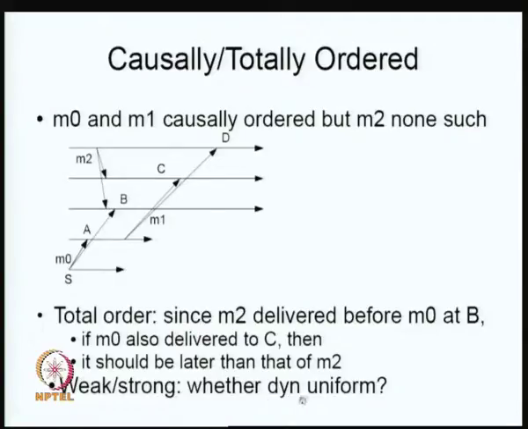If we want to guarantee those things with respect to those processes also, then it is dynamically uniform. If you are only talking about guaranteeing this with respect to surviving processes, then that will be a weaker model or a non-dynamically uniform model.